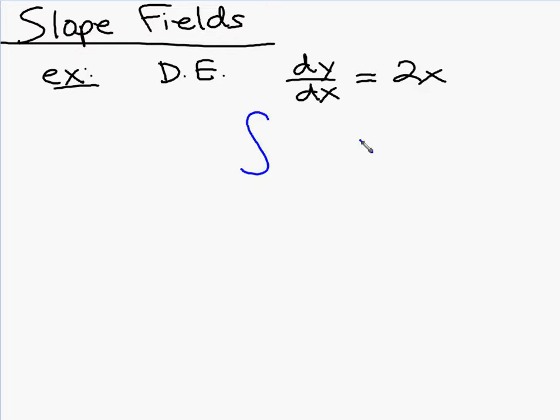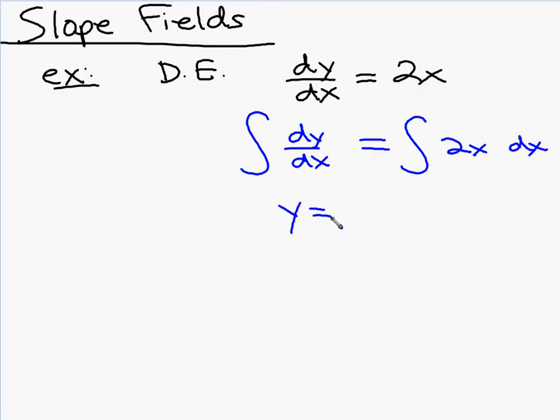So I integrate both sides. I'm going to integrate the dy dx, and I'm going to integrate 2x dx. And of course, the left side is just going to be y.